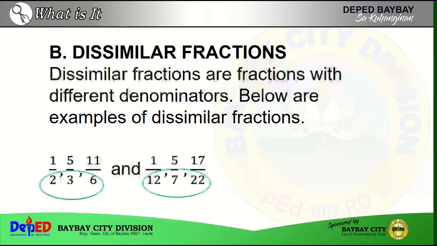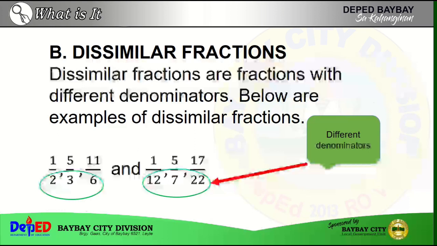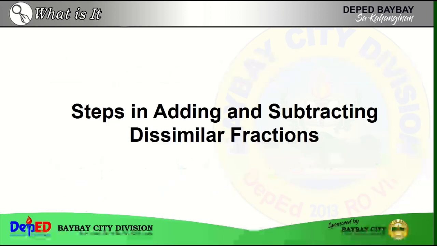As you observe, they have different denominators. Dissimilar fractions cannot be added or subtracted directly. You need to convert dissimilar fractions to similar fractions. Don't you worry, we just have to follow the simple steps in adding and subtracting dissimilar fractions.